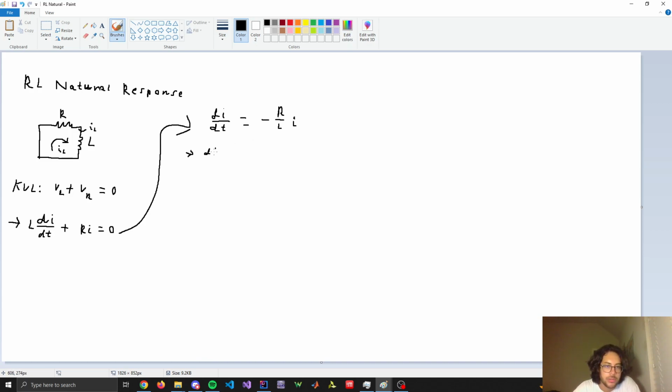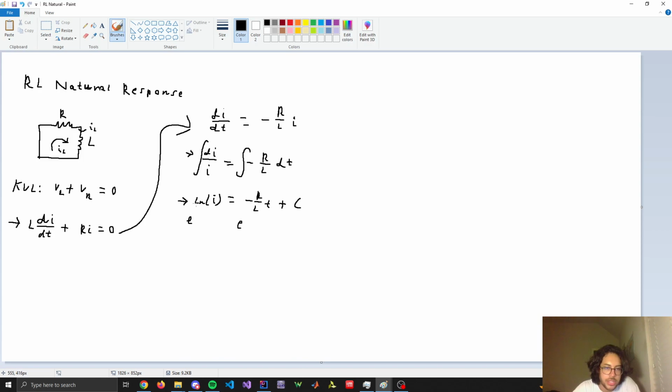So di over I is negative R over L times dt. Now we integrate. So we get ln of I equals negative R over L t plus the constant of integration.